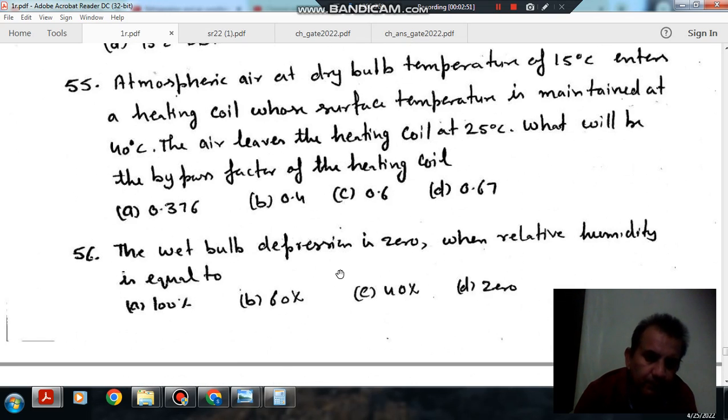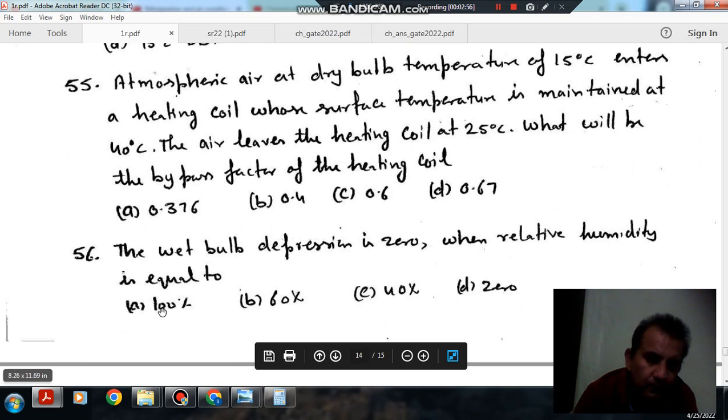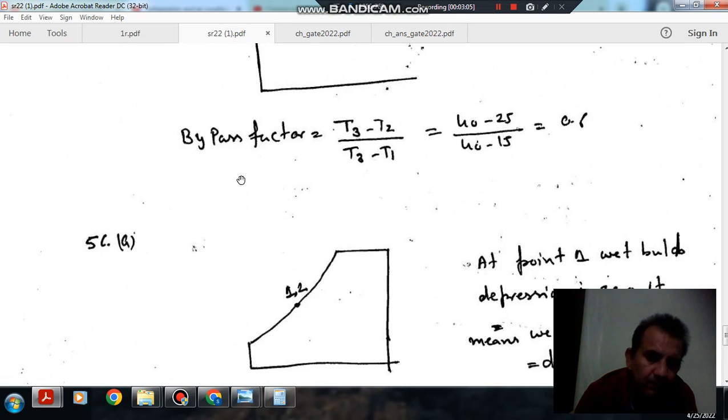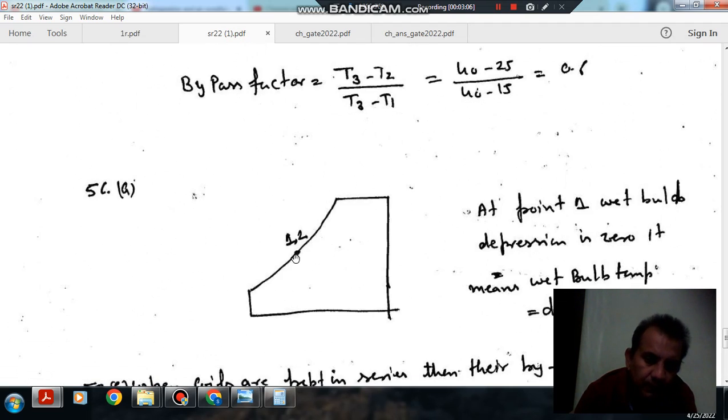Next, the wet bulb depression is 0 when relative humidity is equal to: option A, 100%; option B, 60%; option C, 40%; option D, 0. So wet bulb depression is 0. It means that points 1 and 2 are at the same point.